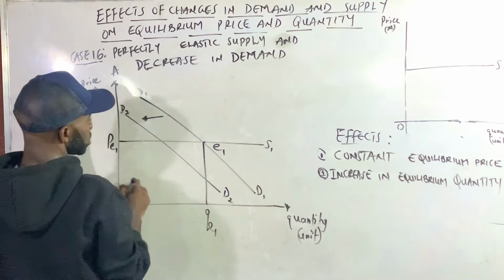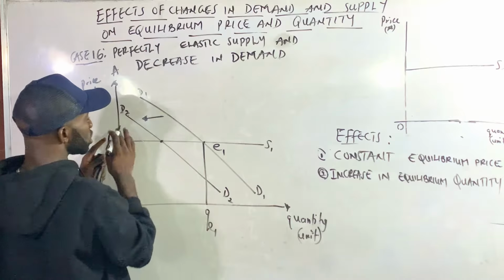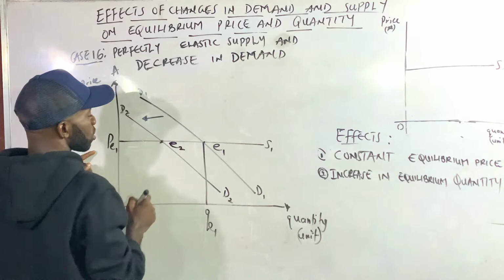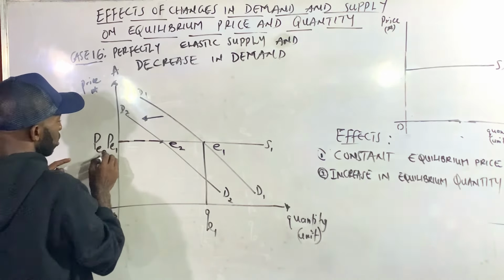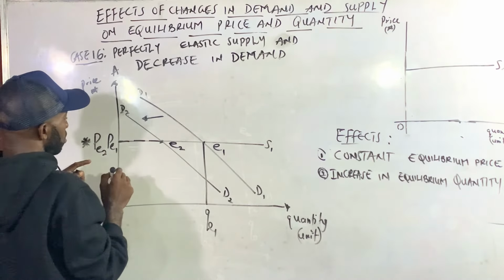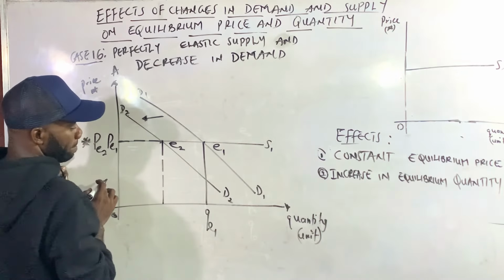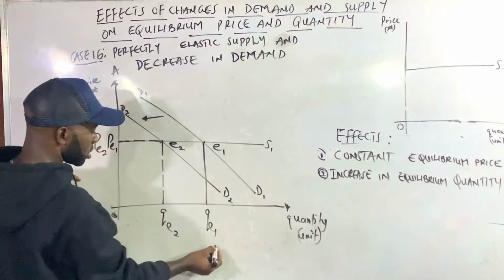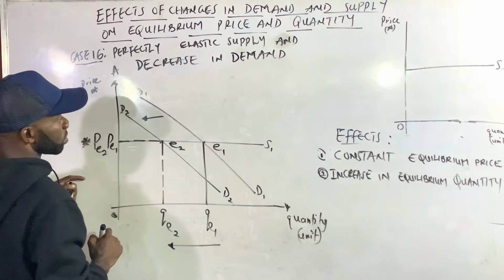And that produces D2 for us, the second point of interaction, which is the point where the new demand curve and the old supply curve meet. That happens to be our second equilibrium point. You trace it to the price axis, you discover that the second equilibrium price is the same spot with the first equilibrium price. We trace it to the quantity line. We have second equilibrium quantity showing a decrease in equilibrium quantity.